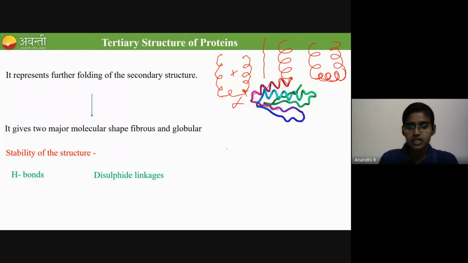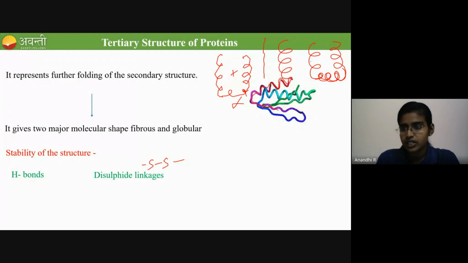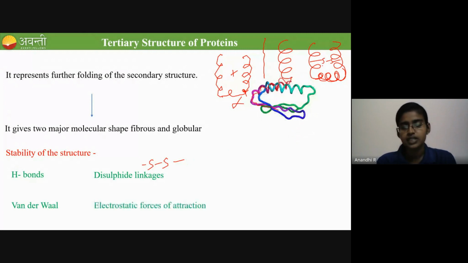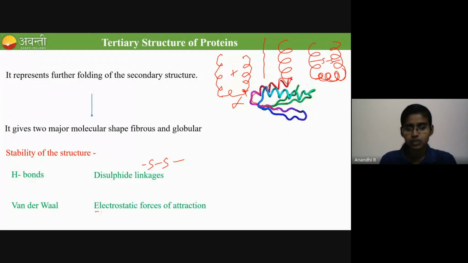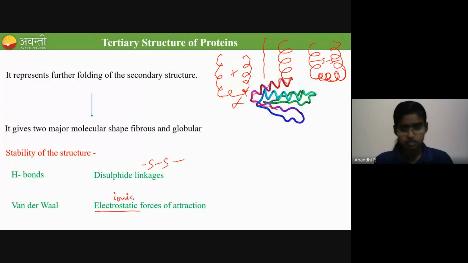Disulfide, sulfur linkages will exist between the two chains, from here and here you can see some disulfide linkages. Third is the van der Waals interaction, which is the weakest force of interaction. This force is also existing here. And the fourth one is the electrostatic force of interaction, which is otherwise called ionic force.